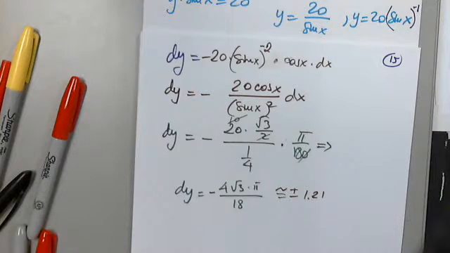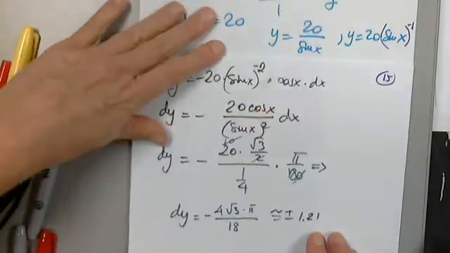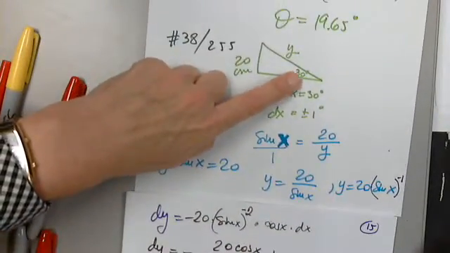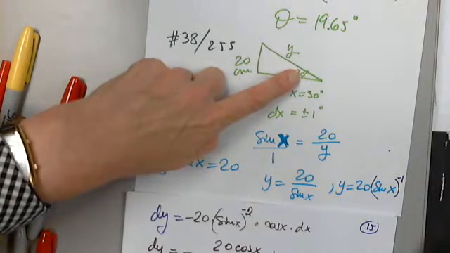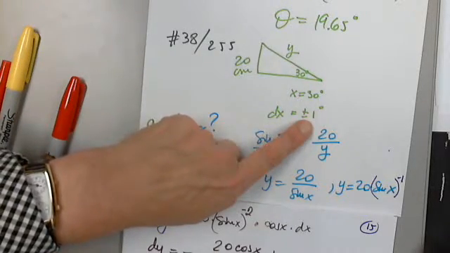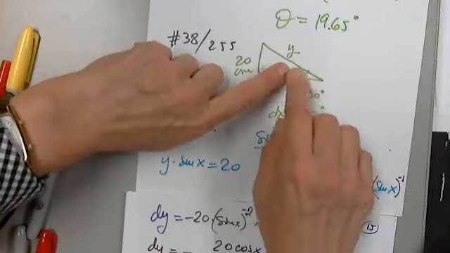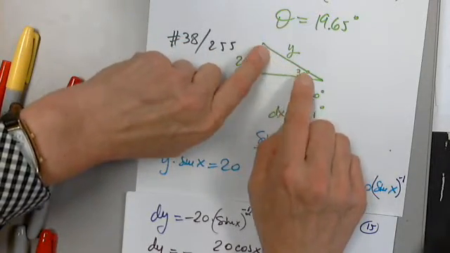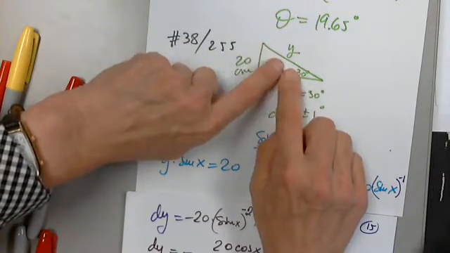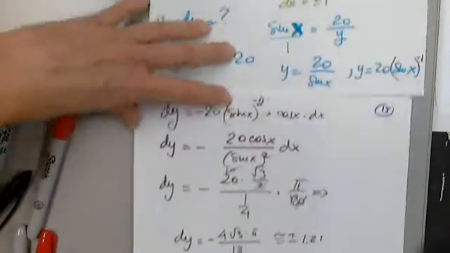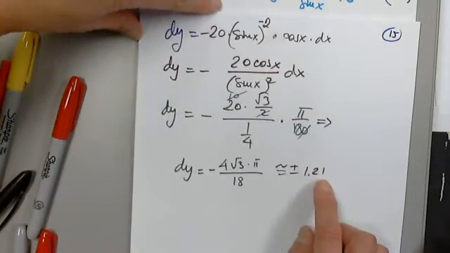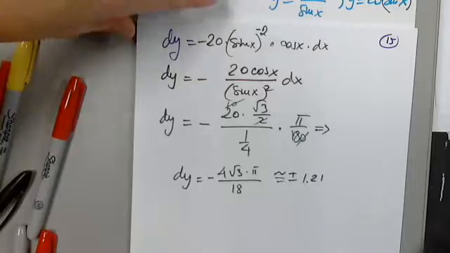So the differential, the estimate of the error in computing the length of the hypotenuse: when there is an error in this angle of plus or minus 1 degree, there will be an estimated error in computing the length of the hypotenuse of plus or minus 1.21 centimeters.